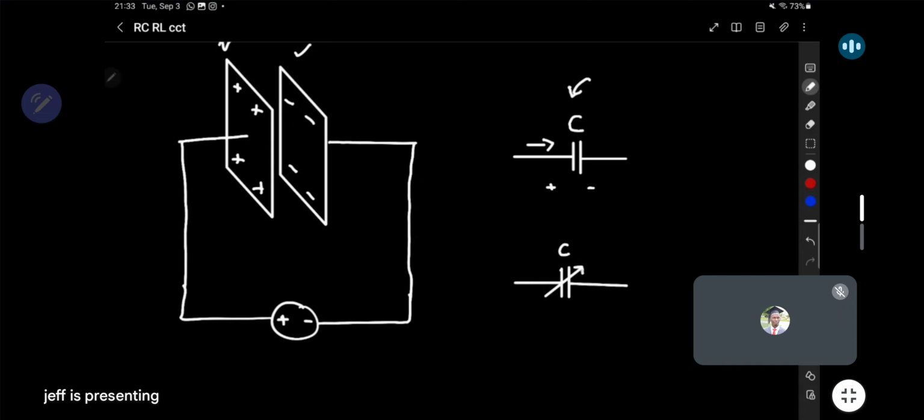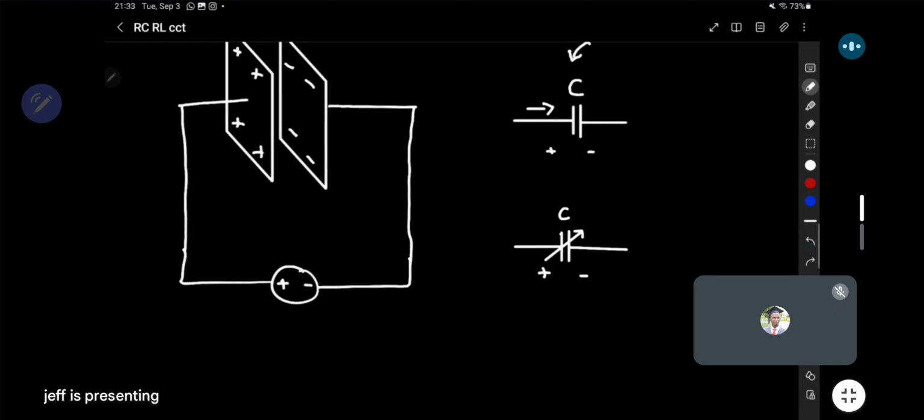It can be changed. So this is a variable capacitor. Similar to a variable resistor, for which we had something like this, it is basically the same capacitor symbol but with an arrowhead like that.